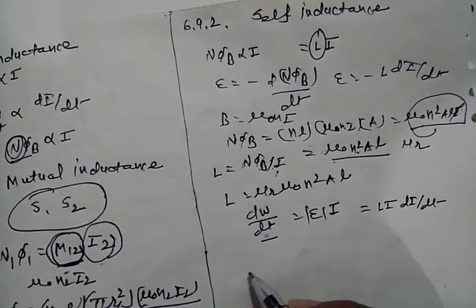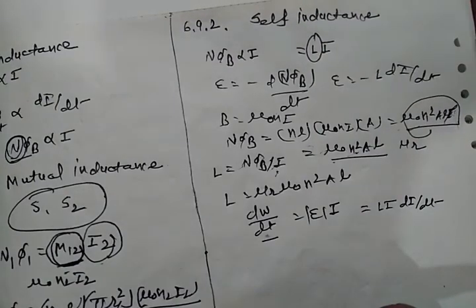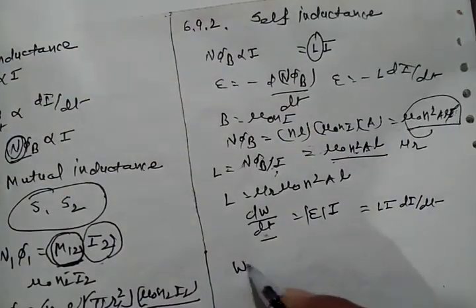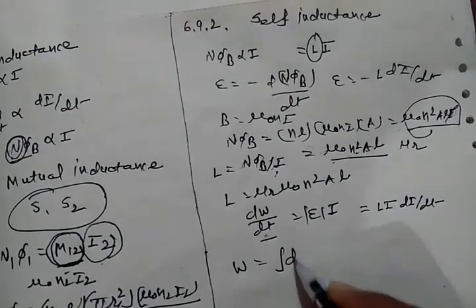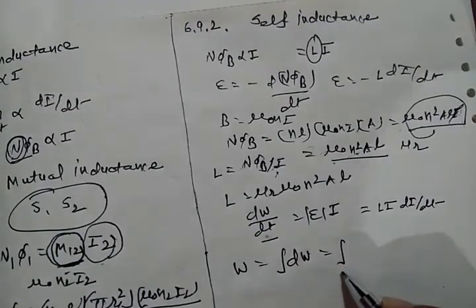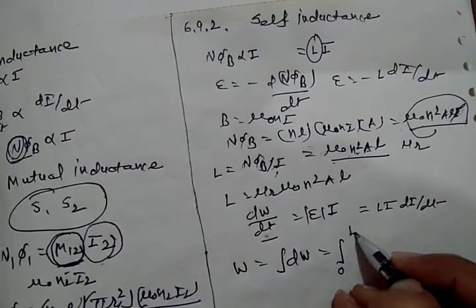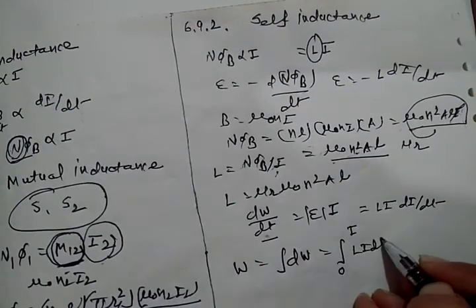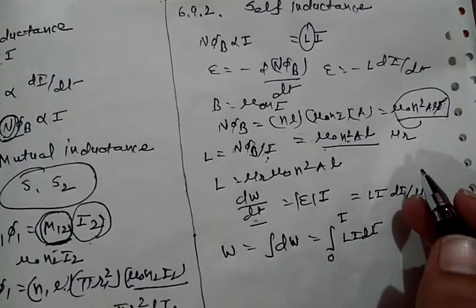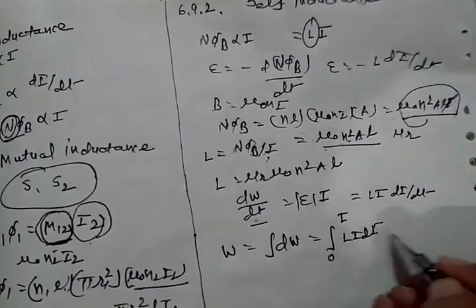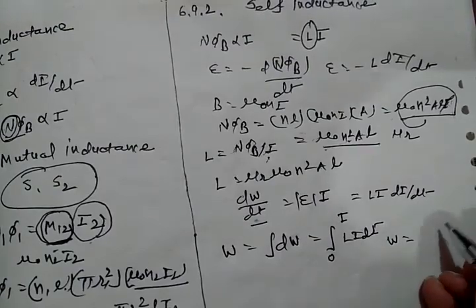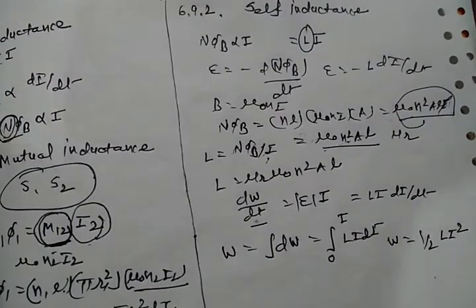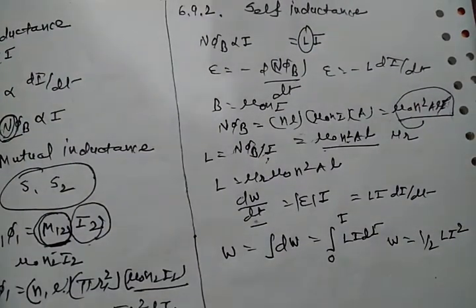The total amount of work done to establish the current I is W equal to the integration from 0 to I of L i di. The energy required to build up the current I is W equal to 1 upon 2 L I square. This expression reminds us of one half m v square, the mechanical kinetic energy of a particle of mass m.